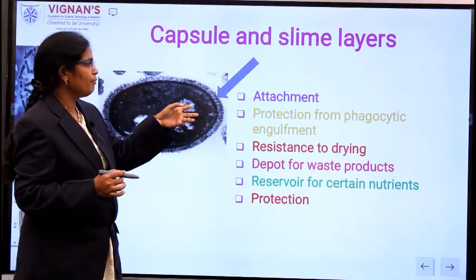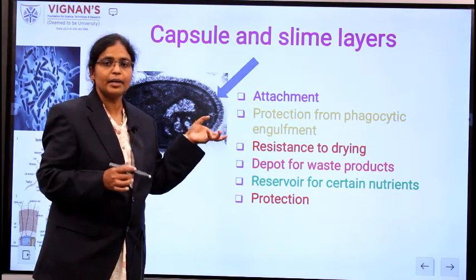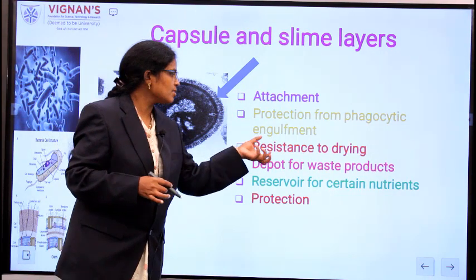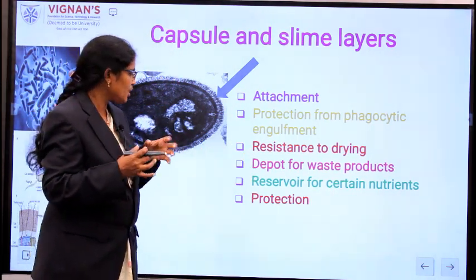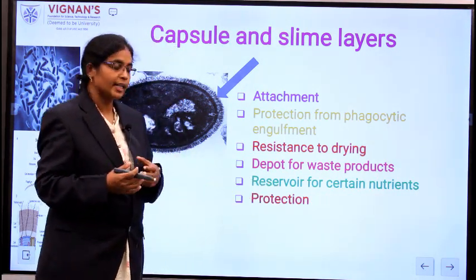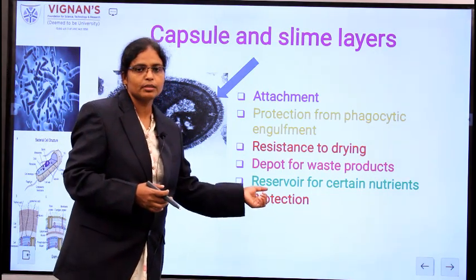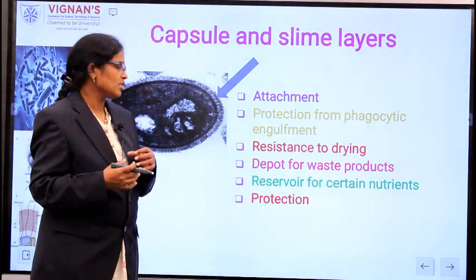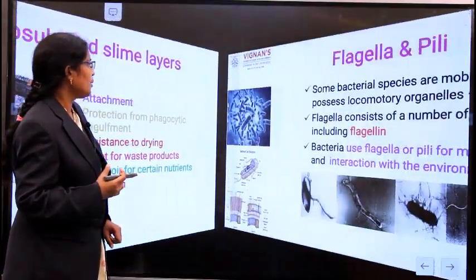This capsule is helpful for attachment, protection from phagocytic engulfment in the host cells, and resistance to drying. It also acts as a depot for waste products, which it releases, and as a reservoir for certain nutrients. Not only that, it protects from the host system or surrounding environment. So these are the features of the capsule.